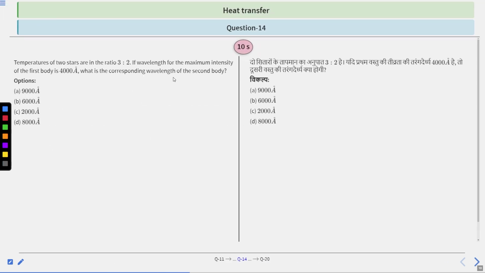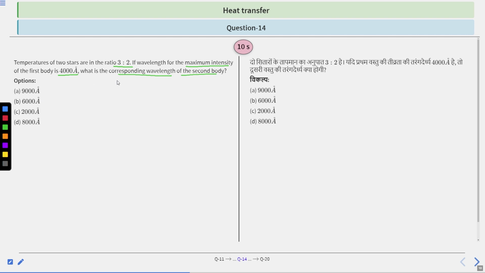Question 14. The temperatures of two stars are in the ratio 3:2. If the wavelength for the maximum intensity of the first body is 4000 angstrom, what is the corresponding wavelength of the second body?